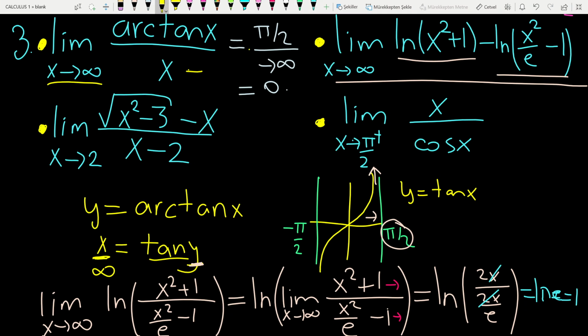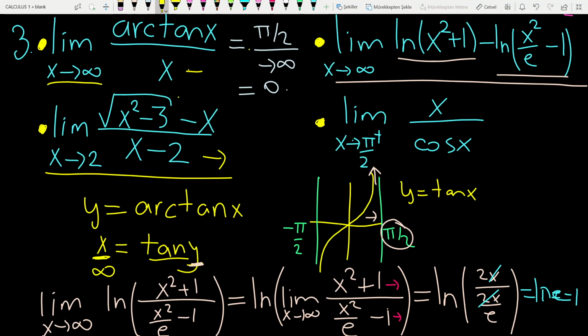I continue to solve the other one, this problem. When x goes to 2, the denominator goes to 0, and for the numerator, let's substitute. We have 4 minus 3 is 1, square root of 1 is 1, 1 minus 2. It seems we have a number, right?